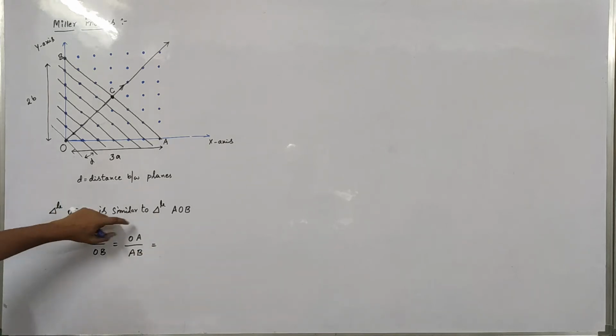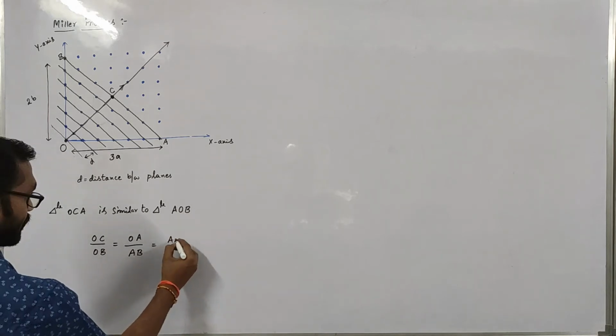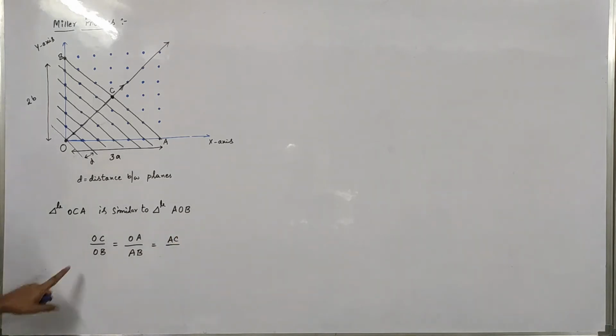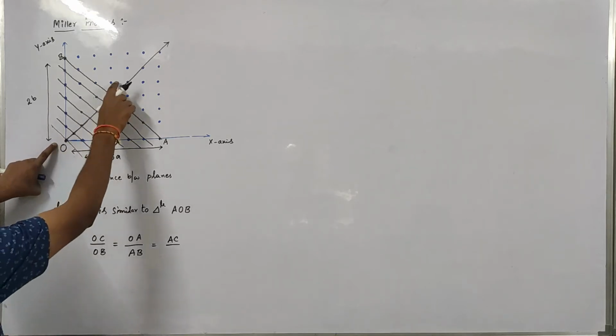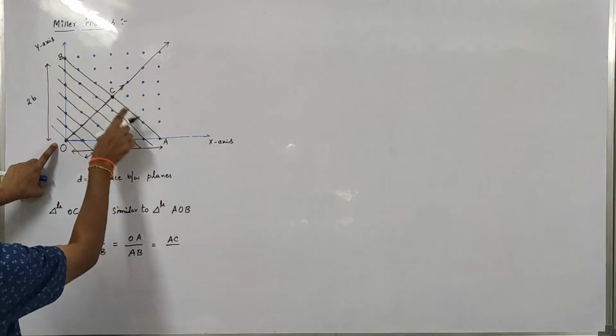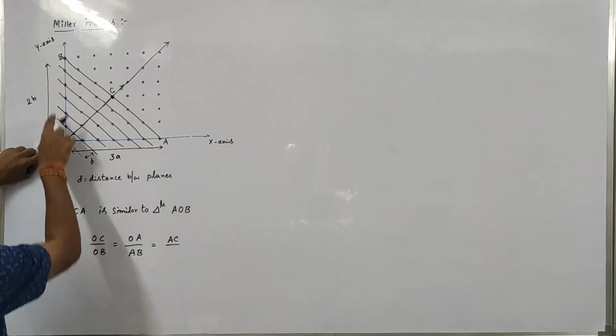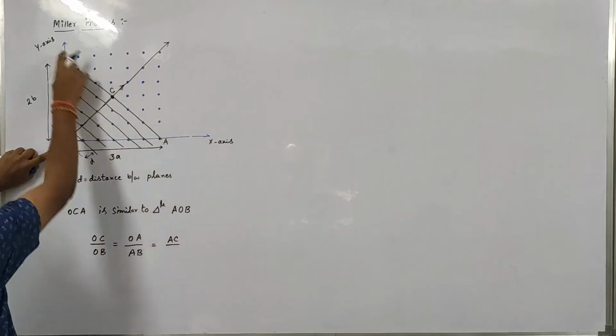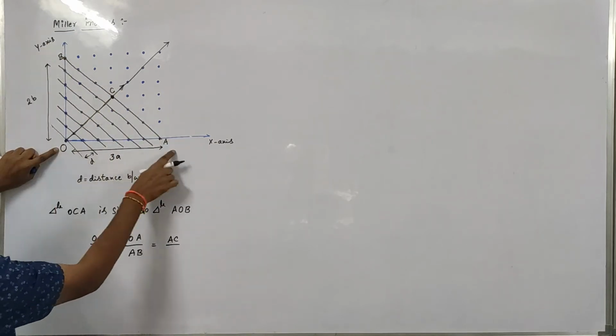Right, two sides. Now what about the third one? AC by OB. OB is already over, OC is over, OA is over.